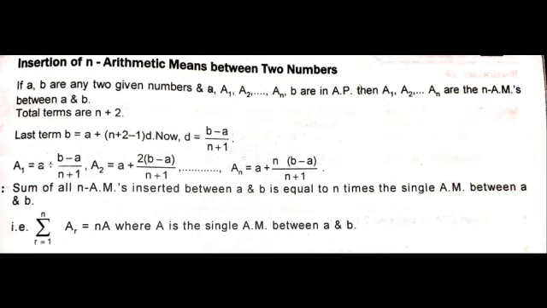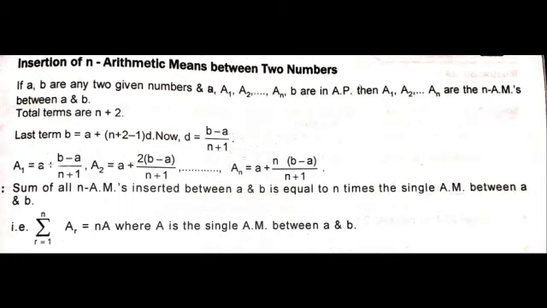That is, in this case, the total number of terms is n plus 2, because n arithmetic means we have calculated, and A is another term and B is the last term. So including all these, we have a total number of terms as n plus 2.